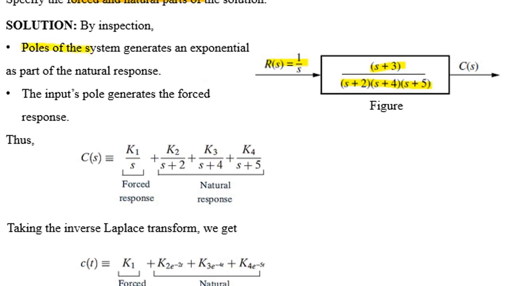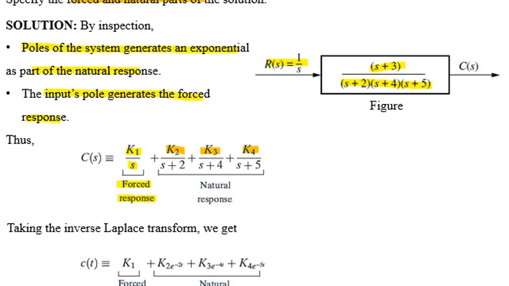Now we know that poles of the system generate exponential part as a part of natural response, and the pole of input generates forced response. So the given output transform equation will consist of 4 terms. First term will be due to input pole, and this will be our forced response.